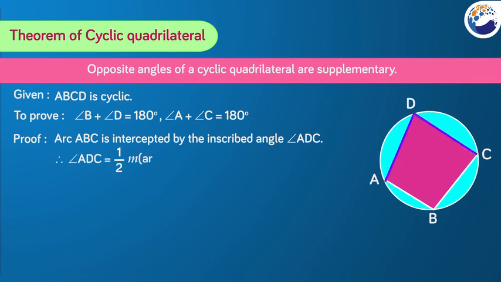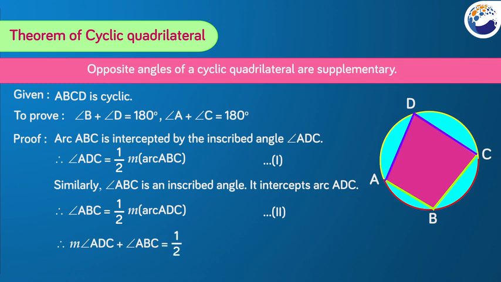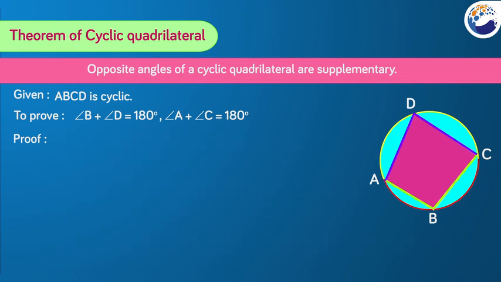Equation 1. Similarly, angle ABC is an inscribed angle. It intercepts arc ADC. Therefore, measure of angle ABC is equal to half measure of arc ADC. Equation 2. Therefore, measure of angle ADC plus measure of angle ABC is equal to half measure of arc ABC plus measure of arc ADC from equation 1 and 2.